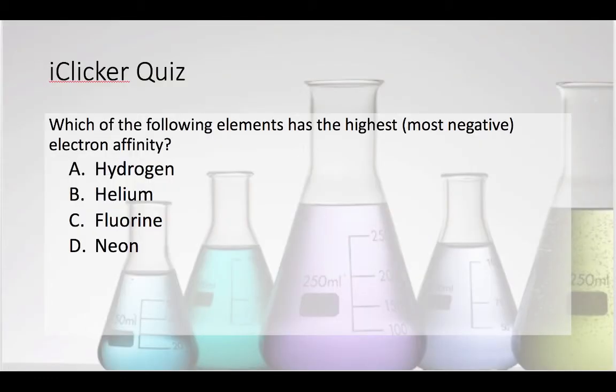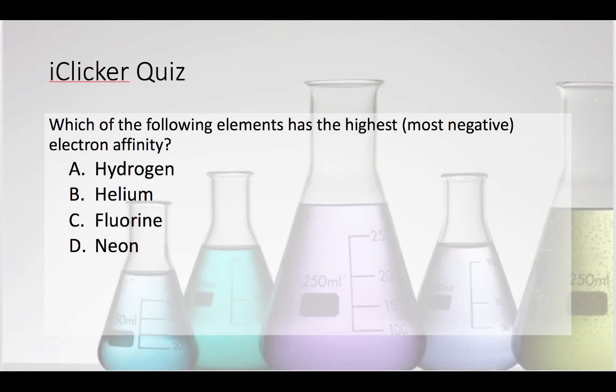So we have an iClicker quiz here. Which of these has the most negative electron affinity, or the highest, we might say, or most favorable electron affinity? Hydrogen, helium, fluorine, or neon? You might begin by eliminating the noble gases. We know that they're going to have positive electron affinities because we have to add an electron into the next highest energy level.